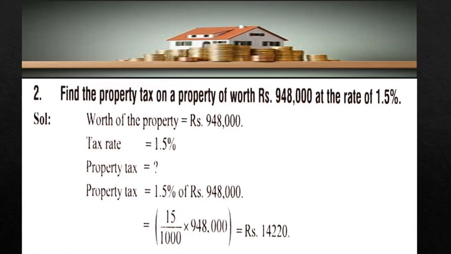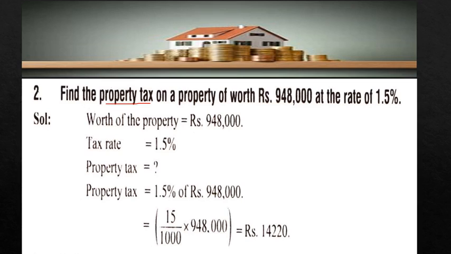One more question from our chapter 7 related to property tax. Find the property tax on a property of worth 948,000, or we can read it as 9,48,000, at the rate of 1.5%.